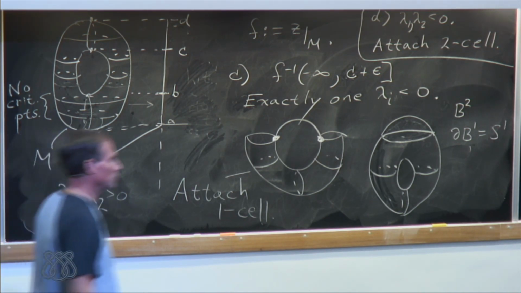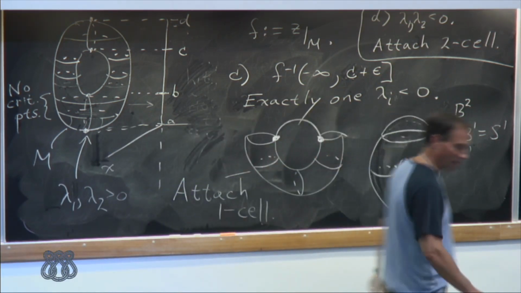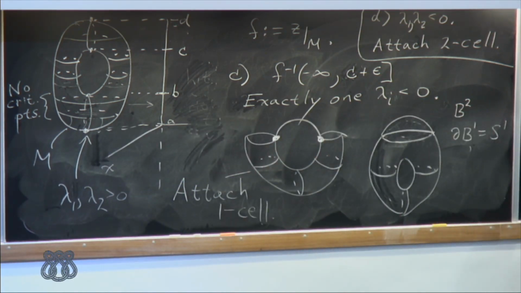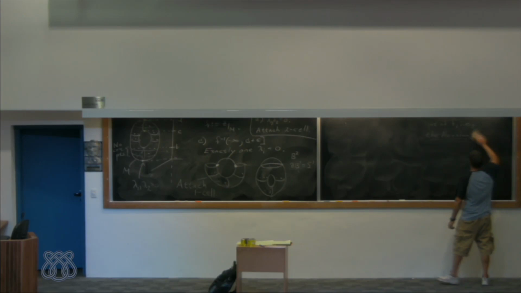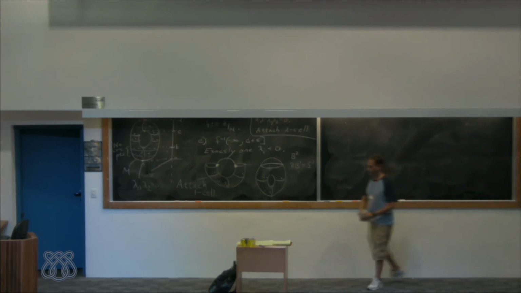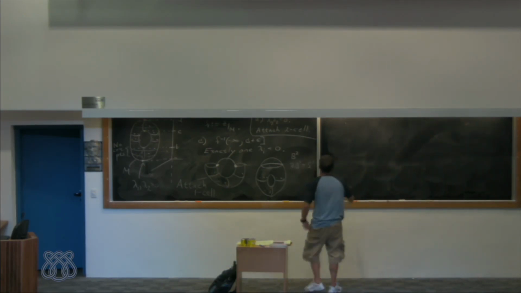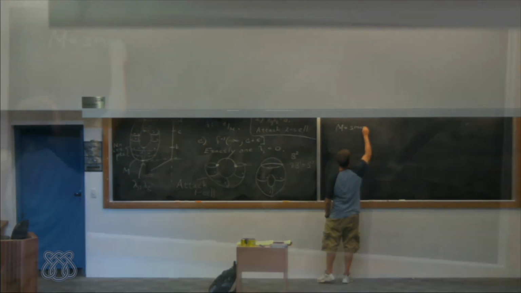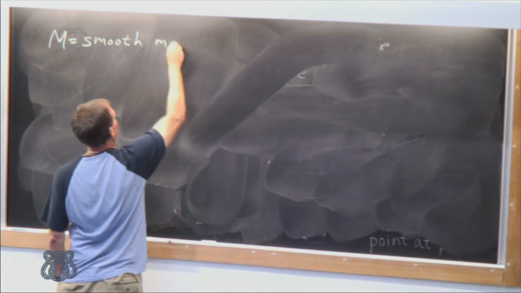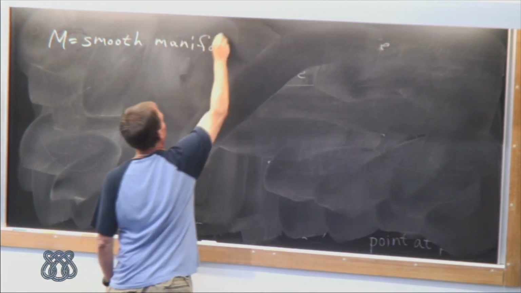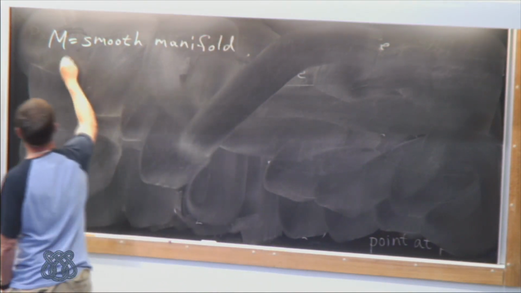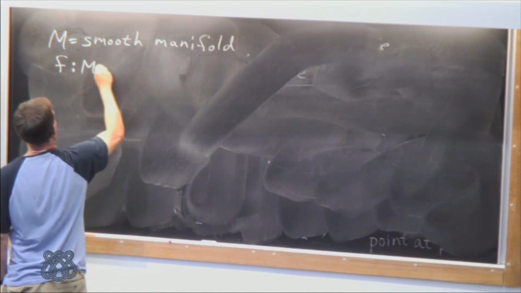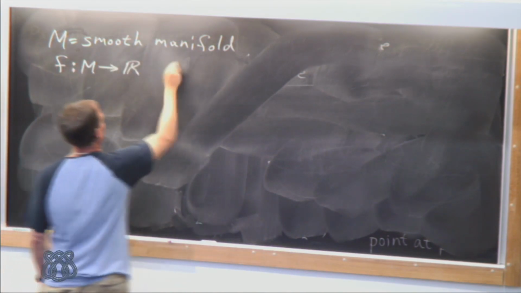All right, we need this more generally, obviously. M is a smooth manifold, F is C infinity.